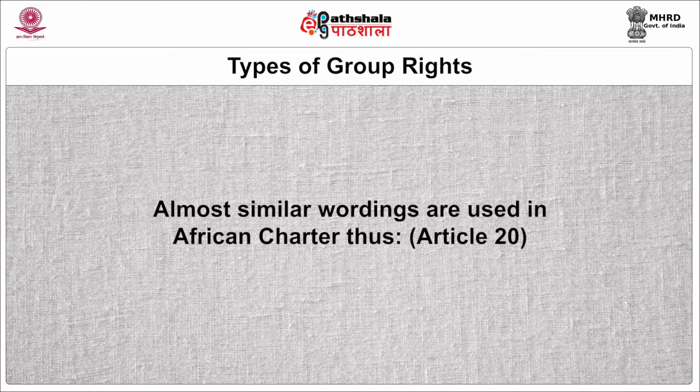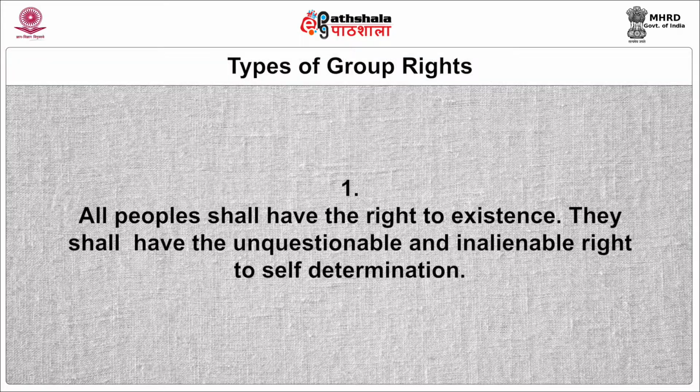Almost similar wording is used in the African Charter. Thus, Article 20: all peoples shall have the right to existence. They shall have the unquestionable and inalienable right to self-determination. They shall freely determine their political status and shall pursue their economic and social development according to the policy they have freely chosen.